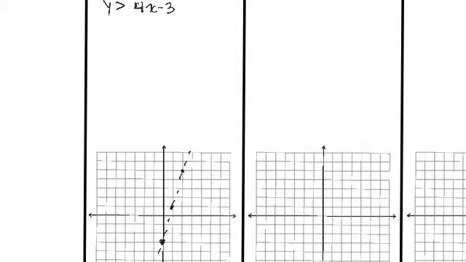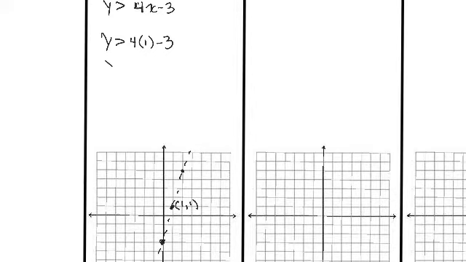This says that points that would make this inequality true do not exist on that line. So let's take the point right here above the origin, +1, +1. This spot right here, 1, 1. That point is along this dashed line. So if I put 1 in for x, y is greater than 4 times 1 minus 3.